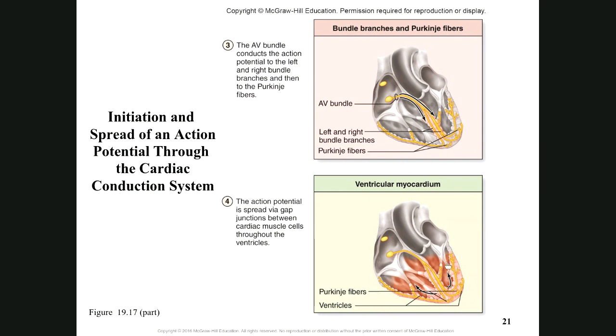Why do we have this wave from down to above? It's because it wants to contract in this way to send the blood to the pulmonary trunk and aorta, which are located in the superior part of our ventricles.